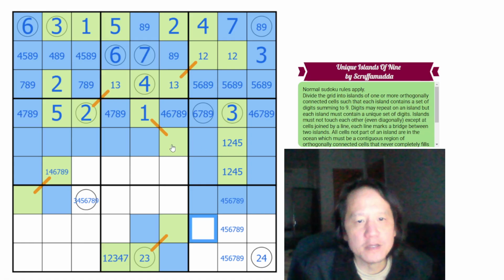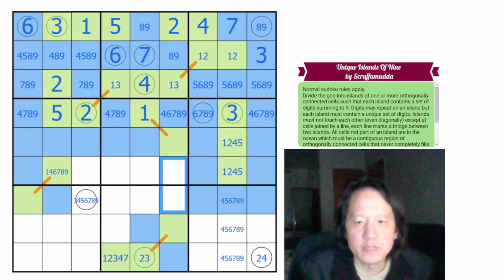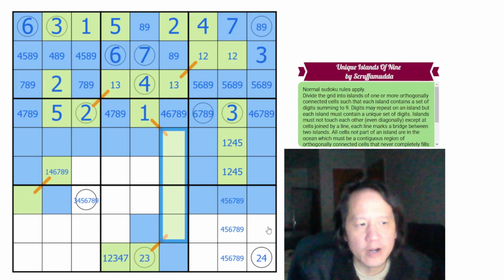Okay, one thing is we know this part of an island cannot be the same as this one, right? If this were essentially the same part of an island, it would have to connect that way, first of all. That's 4 unique digits trying to add up to 10 to 9, which is not possible because the minimum adds up to 10.